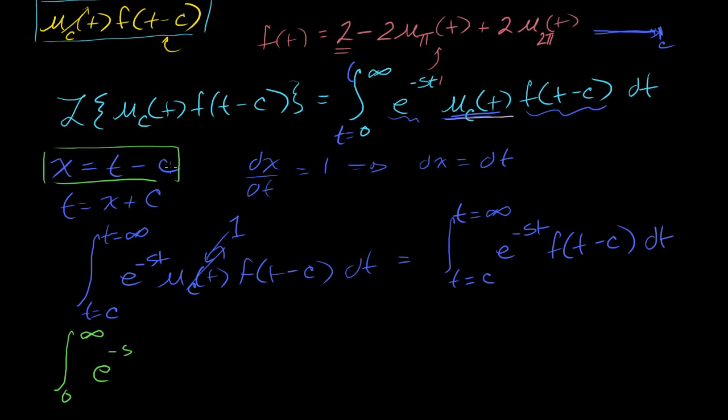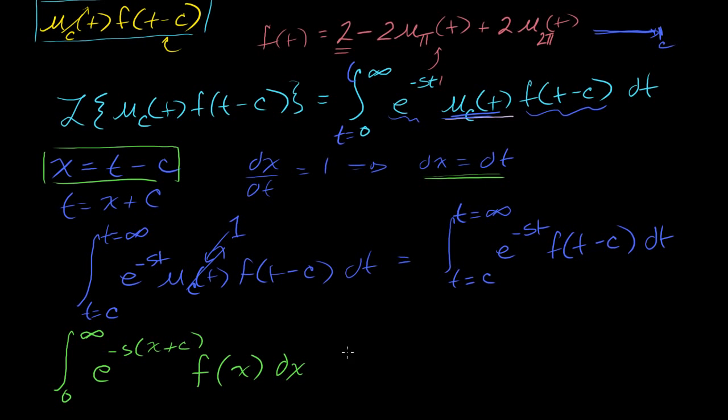If we said x is equal to t minus c, then we can just add c to both sides. You get t is equal to x plus c. So you get x plus c there. And then times a function, f of t minus c. But we said t minus c is the same thing as x. And dt is the same thing as dx. Showed you that right there. So we can write this as dx.